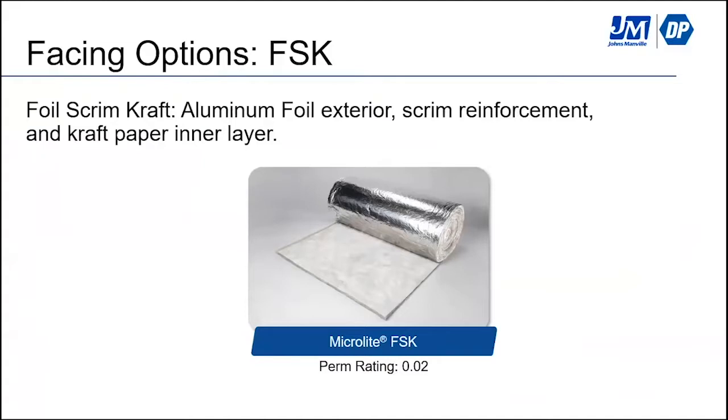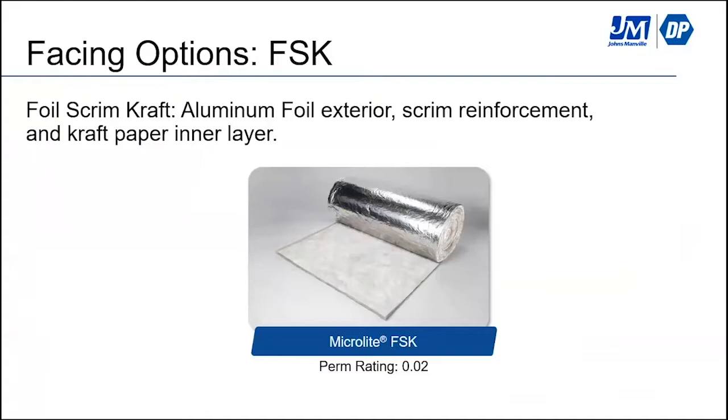That facing has a 0.02 perm rating, so very good permeance, and it does a great job of stopping condensation and controlling it. And what's interesting about the facings for JM, at least our FSK facing, is that we manufacture all of those facings for FSK in-house.